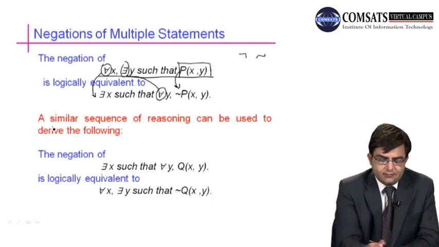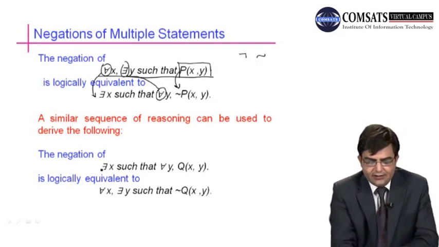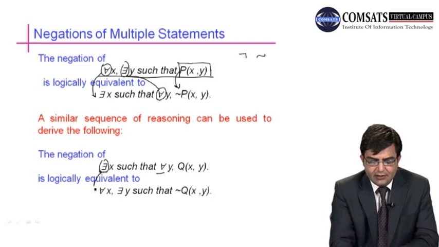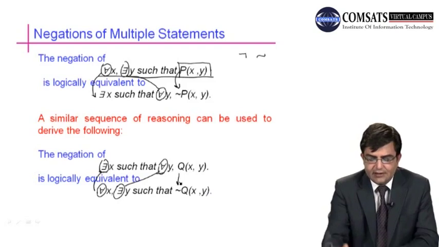Similarly, if we have statements of this type, there exists x such that for all y q of x y, some other predicate, again the existential quantifier will be converted to universal, and universal will be converted to existential here, and we take the negation of this predicate here.